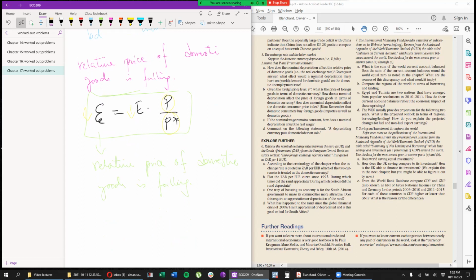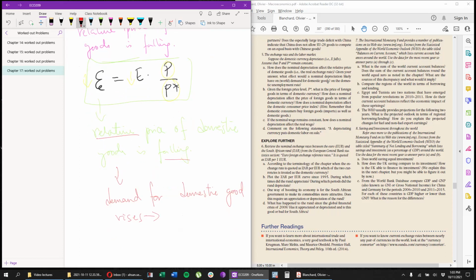So next part of part A, we've established that price is falling. Given your answer, what effect would nominal depreciation have on demand for domestic goods? What we have established is that relative price is falling. If relative price is falling, then obviously demand for domestic goods rises.